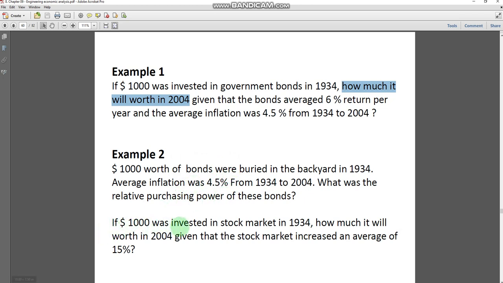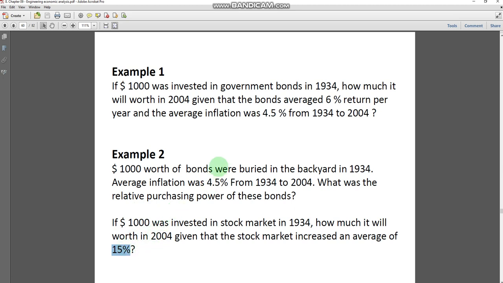If $1,000 was invested in the stock market in 1934, how much will it be worth in 2004, given that the stock market increased an average of 15%? Okay, so 15% is the interest rate in the stock market. So if you put that money into the stock market for 70 years, then what could be the purchasing power of that money in the year 2004?